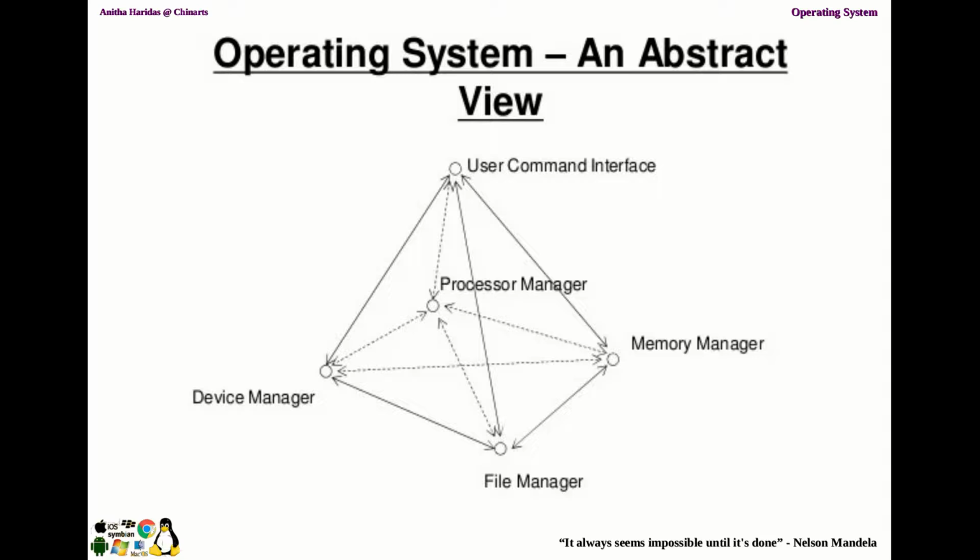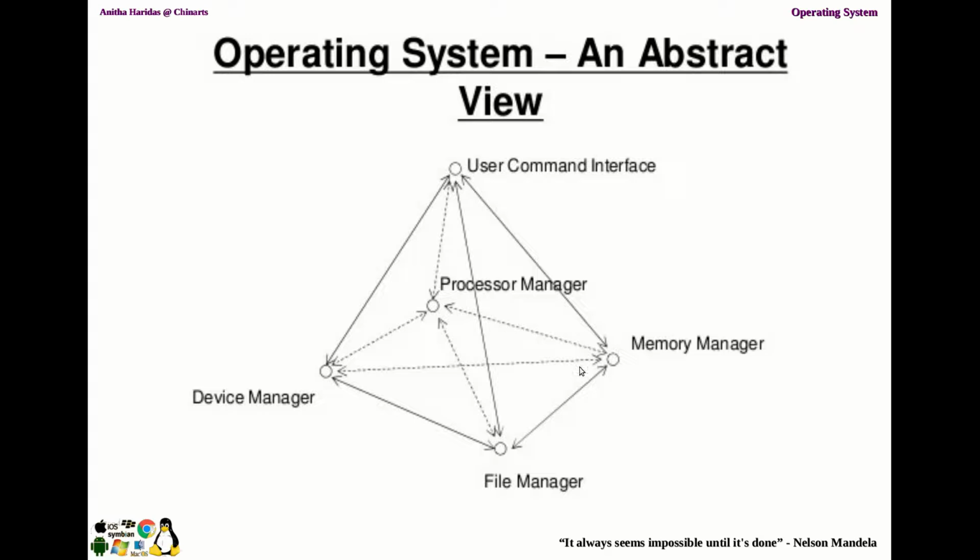All the processes that are running in your computer system will be managed by the processor manager, and how the memory is to be utilized and allocated will be handled by the memory manager. How the files in the secondary storage device are to be organized will be managed by the file manager, and the device manager is the one who will manage all the peripheral devices connected to your computer system.